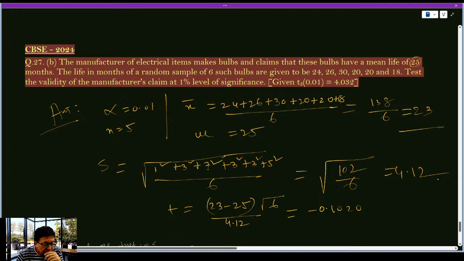Okay? The t value is going to be minus 0.1020.